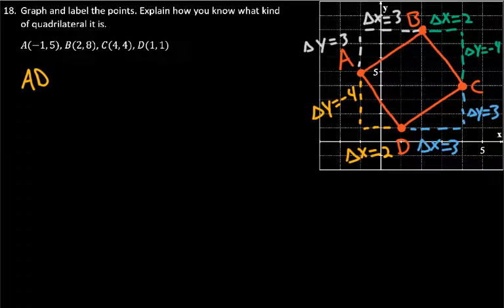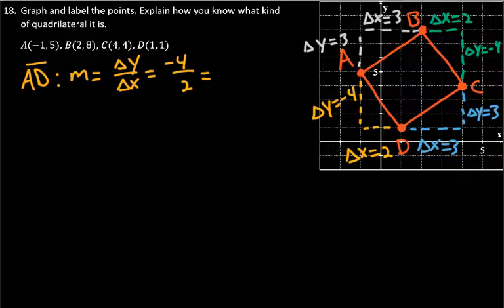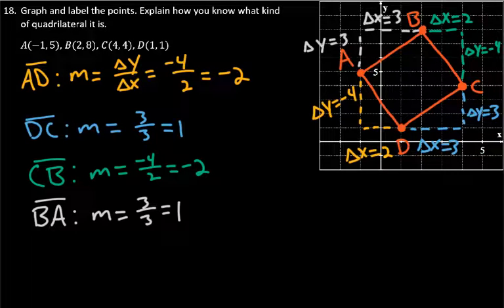So side AD has a slope, which remember is equal to delta y over delta x, is equal to -4 over 2, which is equal to -2. And I'm going to do that for the other three sides as well. And what I found, in fact, is that my opposite sides here are parallel.